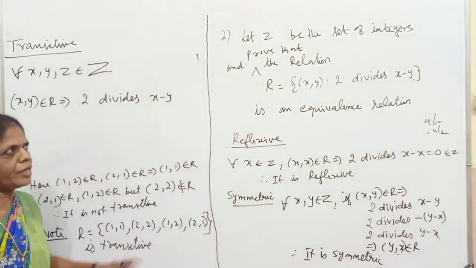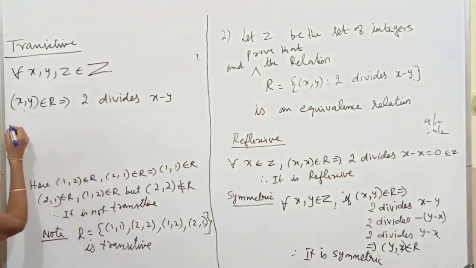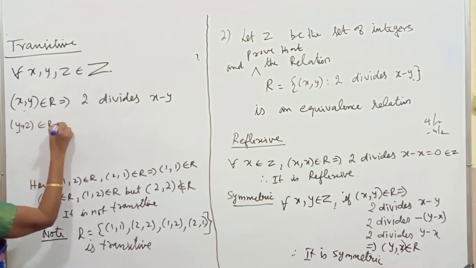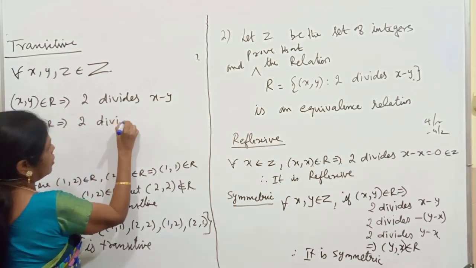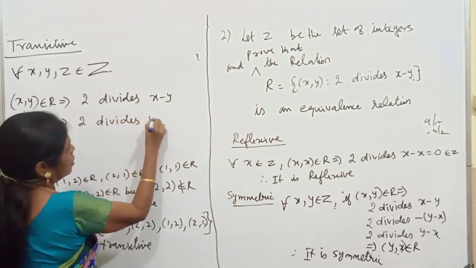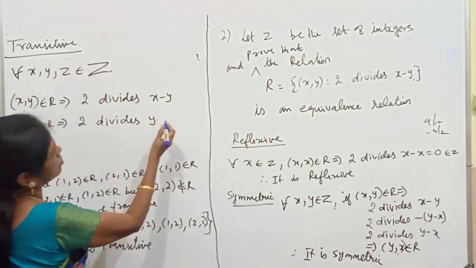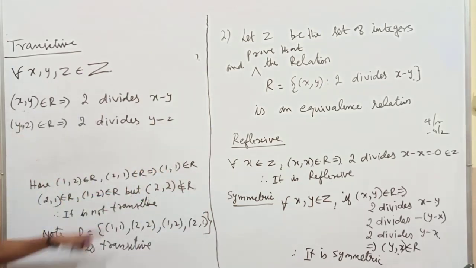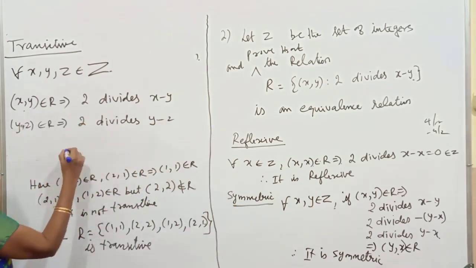In your book it is given in the form of (a, b). Now another one also given to you: (y, z) belongs to R implies 2 divides y minus z.